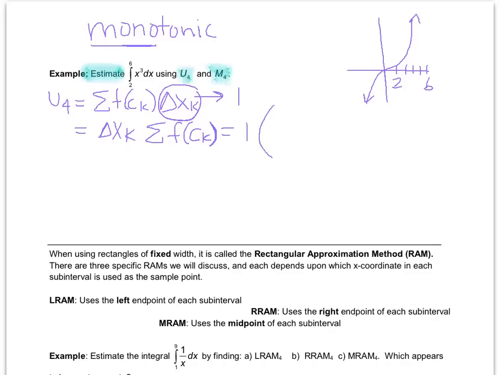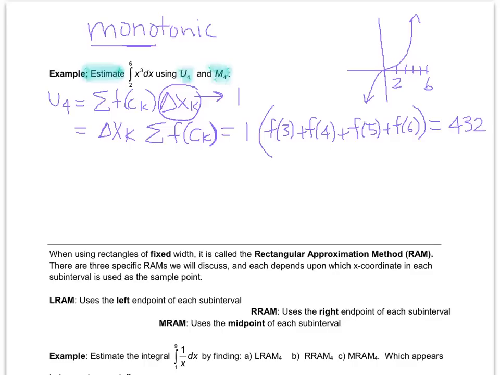And when it says to sum up all the y values, again, we're using all the right endpoints of each subinterval. So we're going to use f of 3 and f of 4 and f of 5 and f of 6. And if you do all of those function values and you add them all up, you're going to get a total of 432 for the area, for the definite integral estimate.